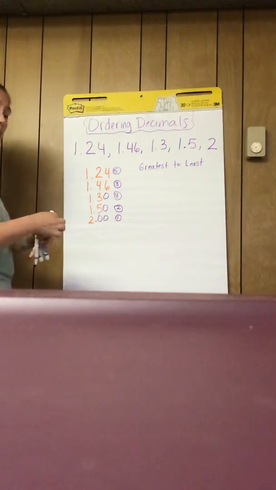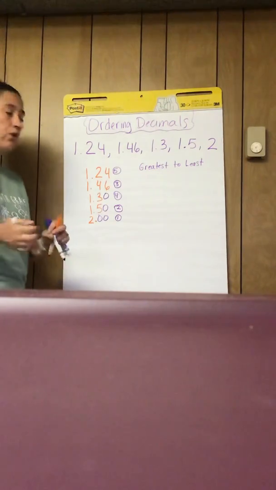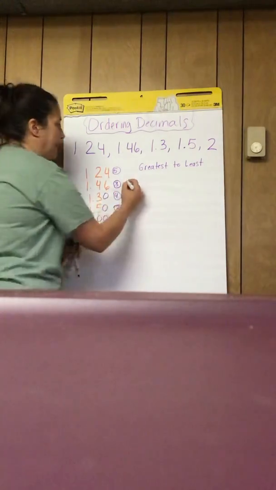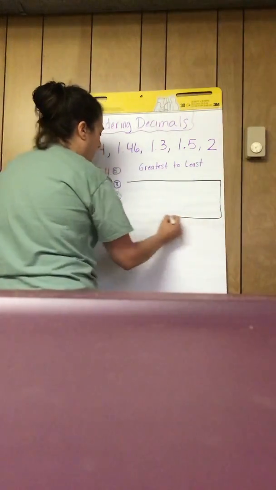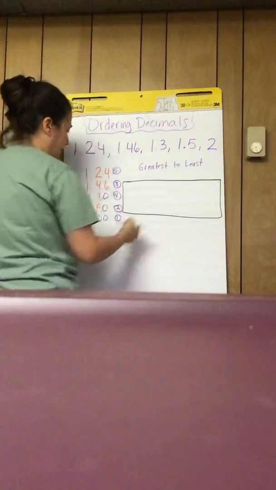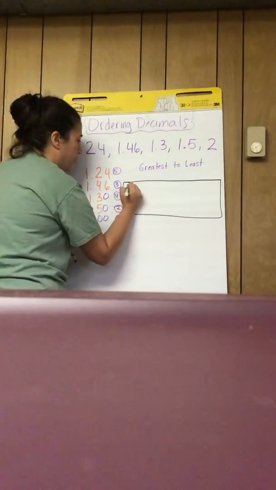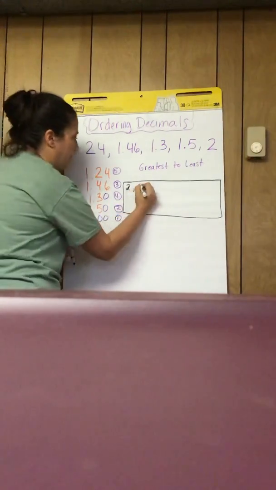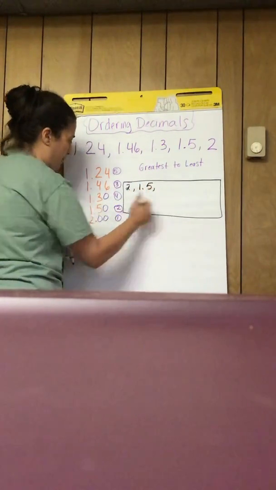Now, boys and girls, when you put these in order, you cannot add your magic zeros. So if I was going to write these in my answer box, in order from greatest to least, I would write 2, comma. My second one's going to be 1.5, comma.